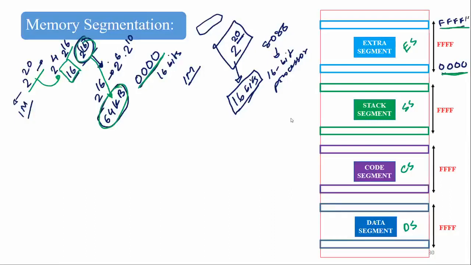Or you have a variable in the code, that can be saved in the data segment. So the code segment saves the code, the data segment and extra segment save different data, and the stack segment has a special purpose.